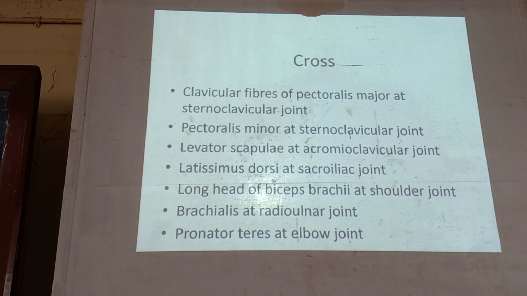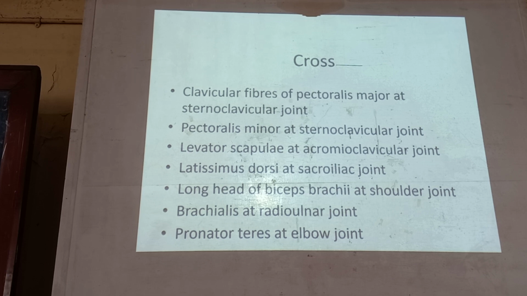Lumbar vertebrae with thoracic vertebrae, thoracolumbar joints. Thoracic vertebrae with each other, interthoracic joints. Thoracic vertebrae with ribs, costovertebral joints. Ribs with sternum, costosternal joints. Sternum with clavicle, sternoclavicular joint. Clavicle with scapula, acromioclavicular joint. And scapula with humerus, glenohumeral joint.